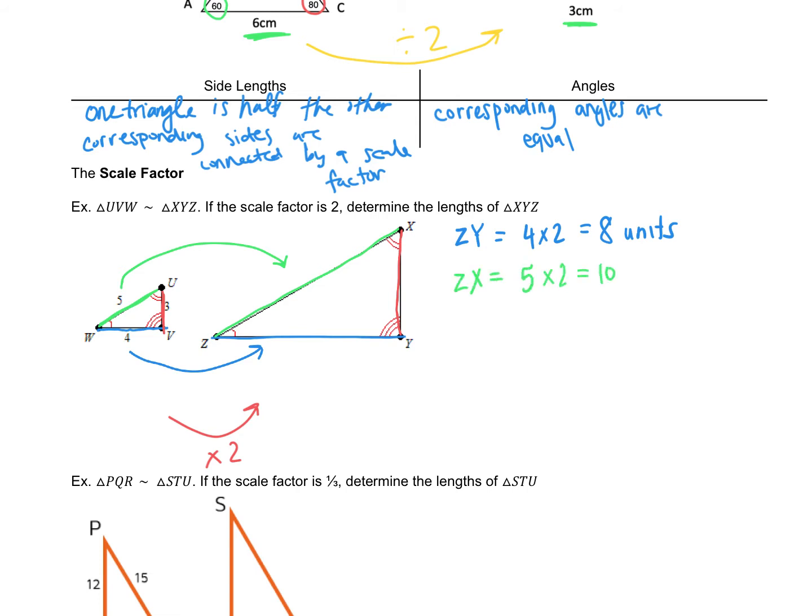So 5 times 2 is 10 units. And finally, to get XY, we're going to take the 3 and double it. So 3 times 2 is 6 units. So in this scenario here, we had to multiply by the scale factor to get the bigger side lengths.